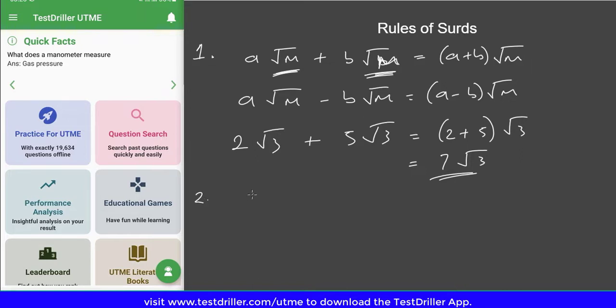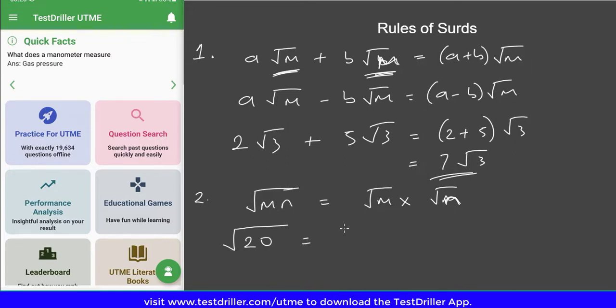Now, if you have root of m times n, you can express it as root m times root n. So that's what this rule states. So let's take a look at an example. Let's say you have a surd like this, root 20.